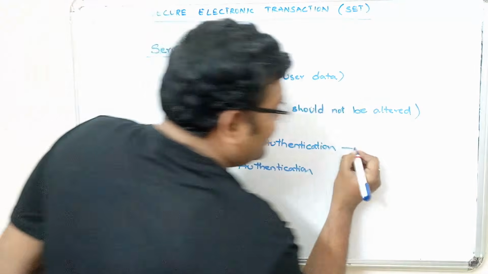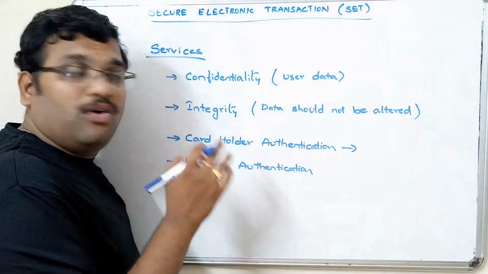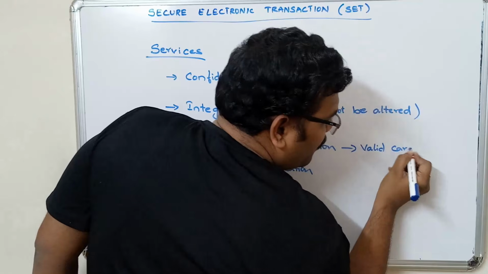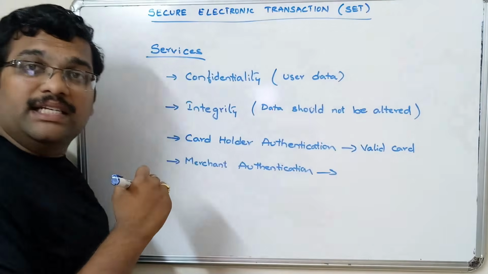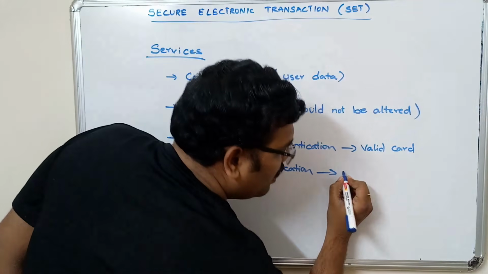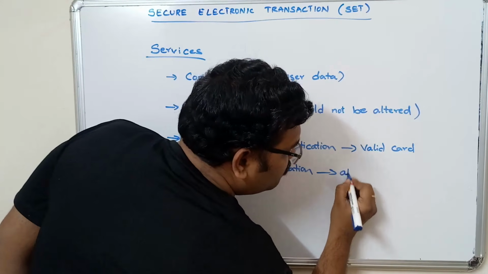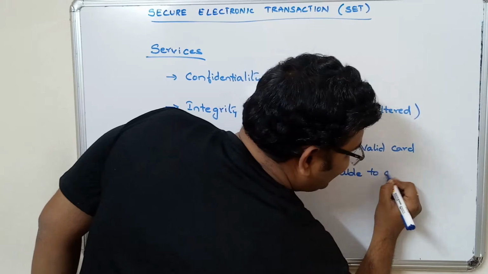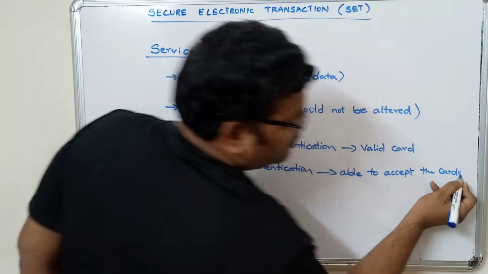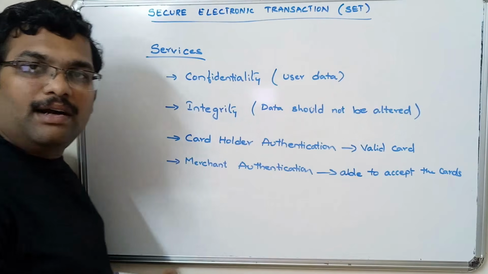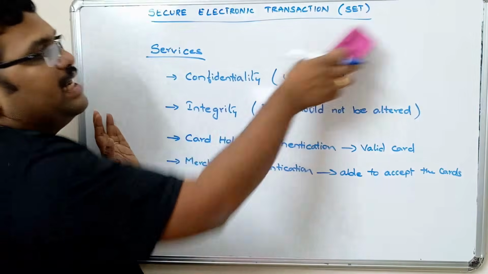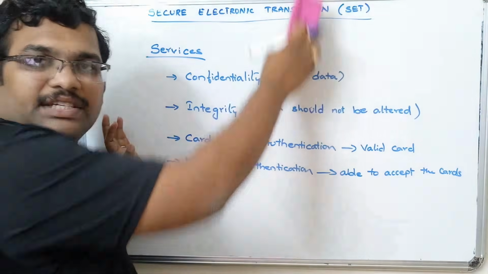Card holder authentication means whether the card holder has a valid card, and merchant authentication is whether the merchant is able to accept these cards. So these are the services which we are providing by using secure electronic transaction.